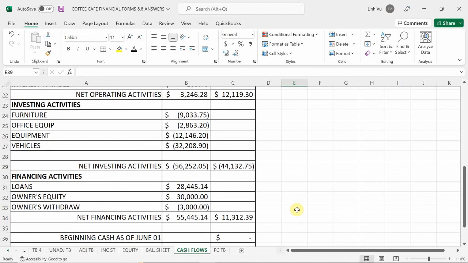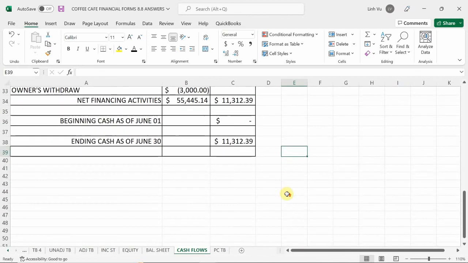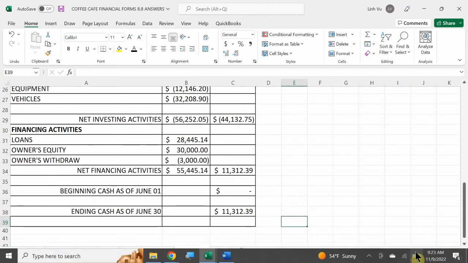And then you add your long-term liabilities and add any equity. So in this case, it's just taking the balance sheet, but instead of adding your assets, you subtract them out, and instead of subtracting out your liabilities, you add those liabilities back. Same thing with equity. And that's how you complete the statement of cash flows.